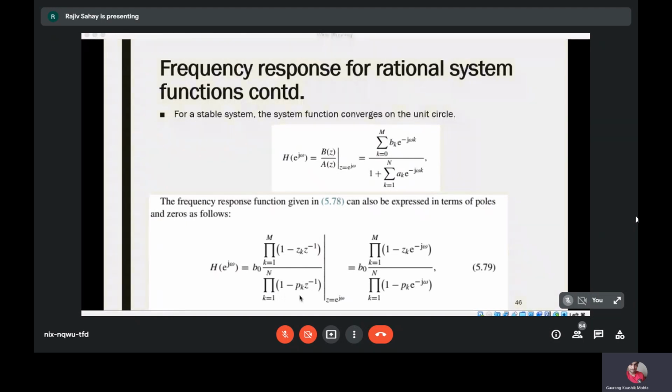So zeros are at z k and poles are at p k. We get this simplified expression where, if we replace z equal to e to the power j omega, we get this. This is one way to write H of e to the power j omega as a ratio of two polynomials, and now we have factored the polynomials.